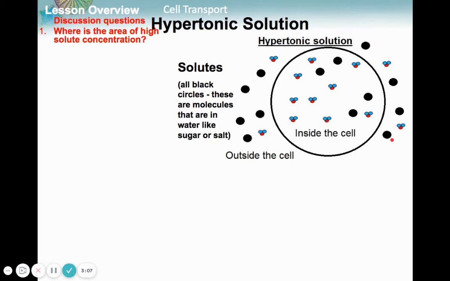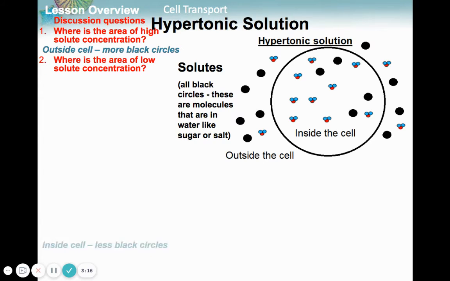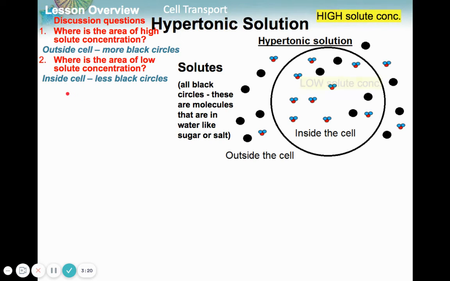On the inside, I see 4. Solute concentration is highest on the outside of the cell. Where is the area of low solute concentration? Inside the cell, there are less black circles. So if you had a paper like you would in class, you would label this high solute on the outside, low solute on the inside.